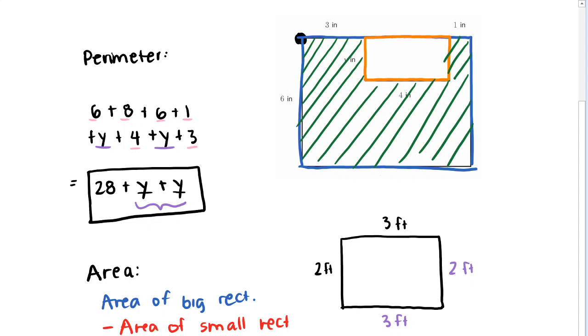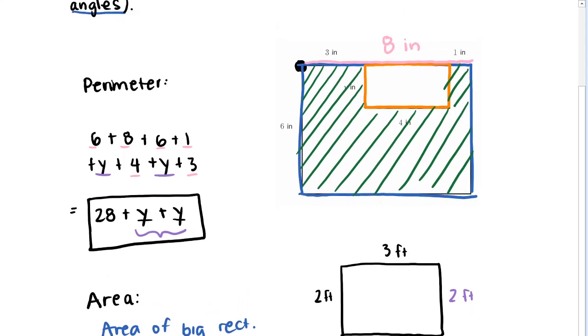And so what's the area of the big rectangle? Well, earlier we said that this side length was 8 inches, right? Because it came from adding on 3 on top of this distance here, which is 4 inches, and then plus 1 here, that totals 8 for this entire top side.